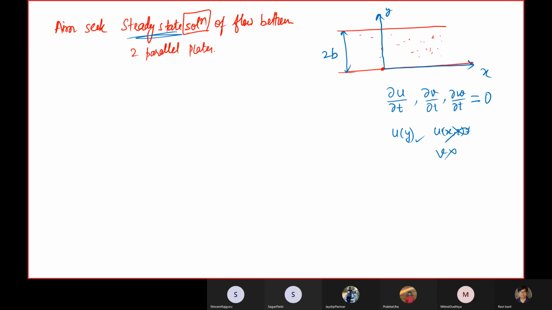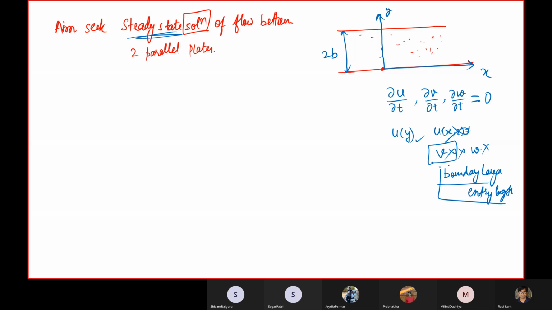Once the boundary layer has been developed, or the fully developed scenario has come, after that your v velocity will not be there. W velocity will also not be there. W will be into the plane. Okay, v velocity will be there if at all you are seeking the solution in your boundary layer entry length.